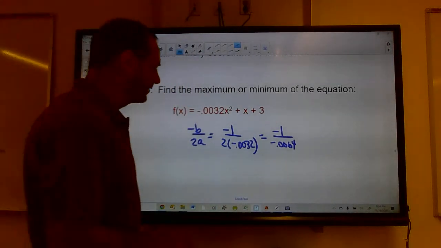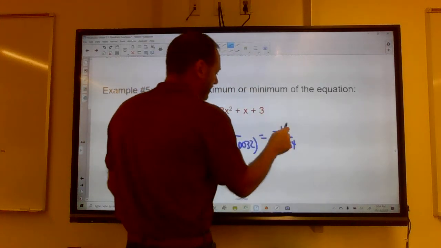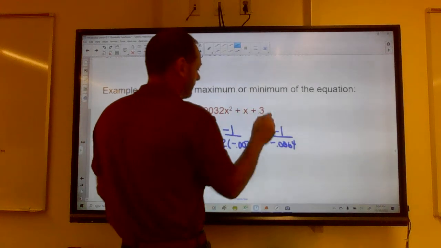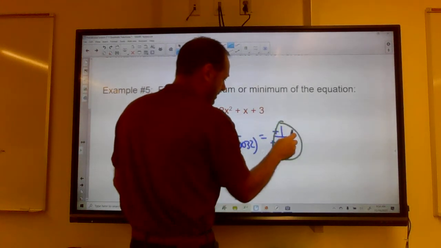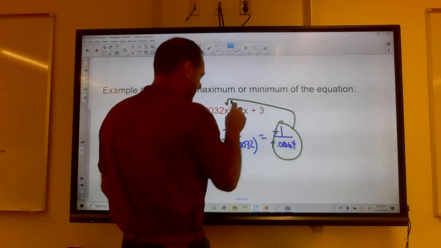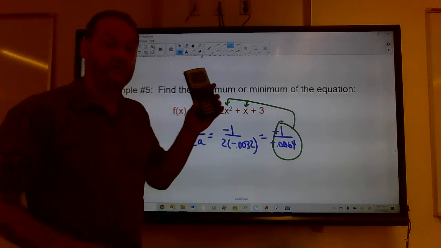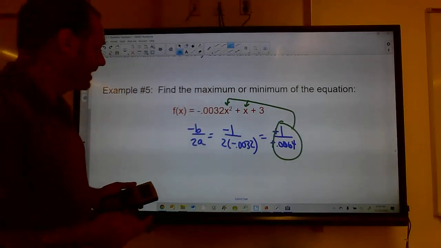Wow, that's ugly. So I would take this right here. Let's see, the negatives cancel. All right, I'm going to take this right here, and I'm going to plug it into here and here. So I'm going to get out my handy-dandy TI-84 Plus C Silver Edition graphing calculator. And I'm going to go ahead and plug that in.